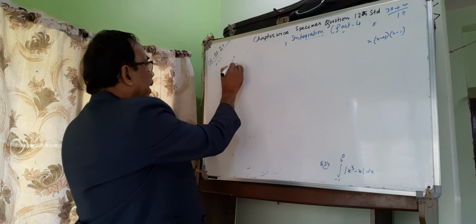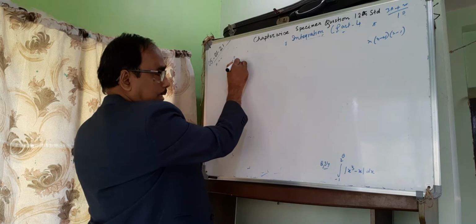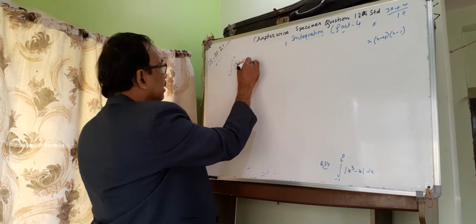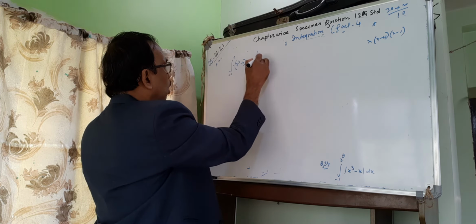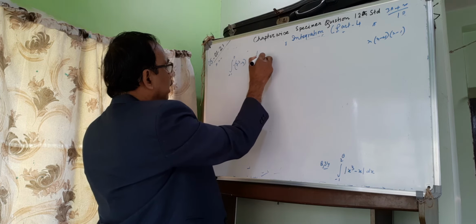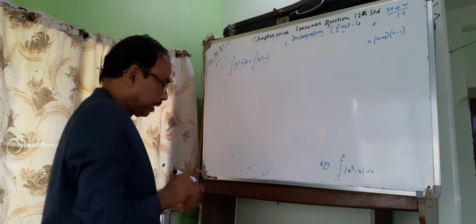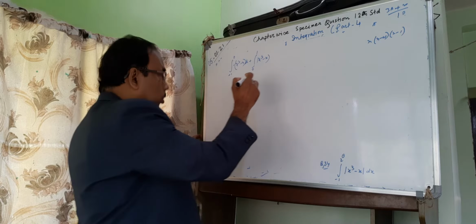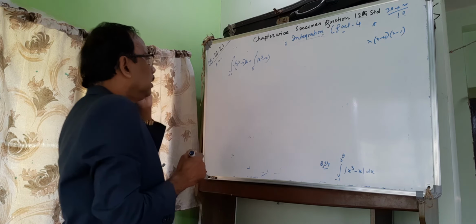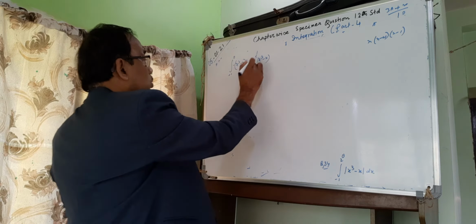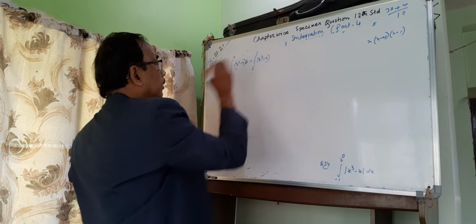Here this will be minus sign, minus x cube minus x, plus 0 to 1, this will be x cube minus x dx, 0 to 1, suppose 0.5, this will also be negative.